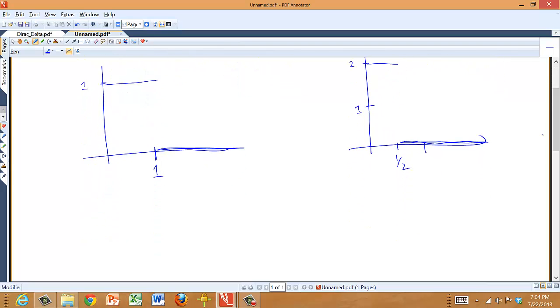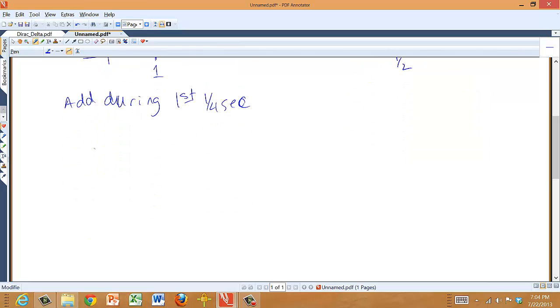And if I add salt during the first quarter second, then my inflow rate would look like this. So here's 1/4, here's 4, here's 2, here's 1.